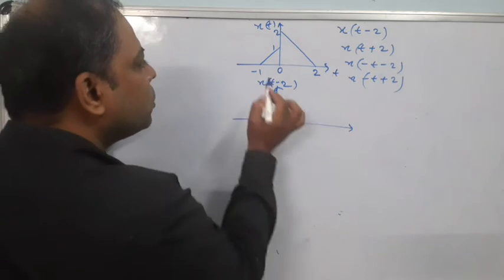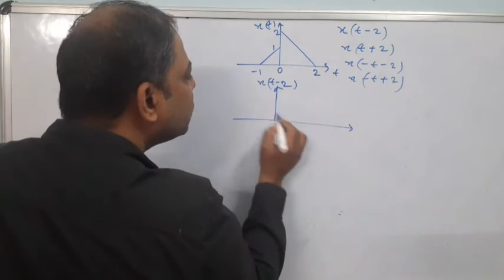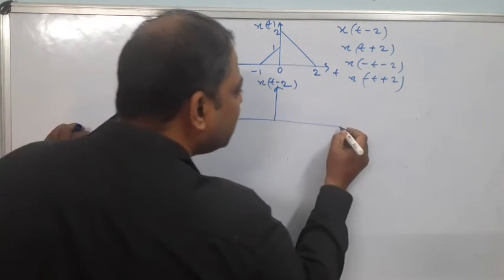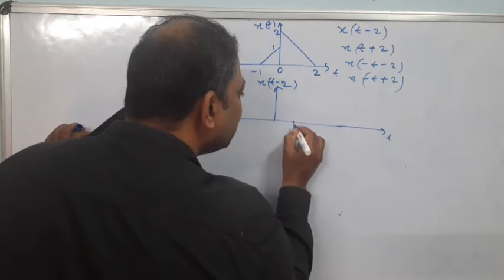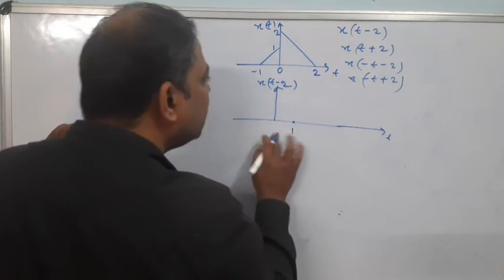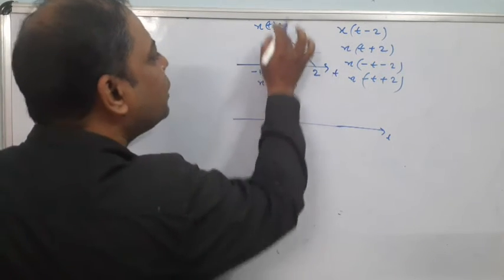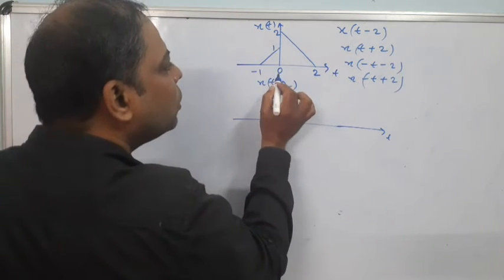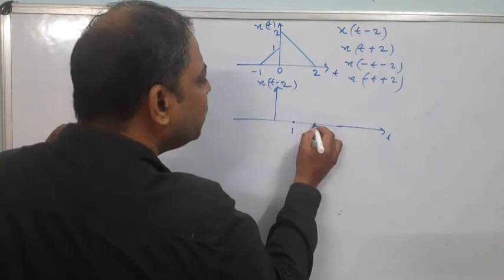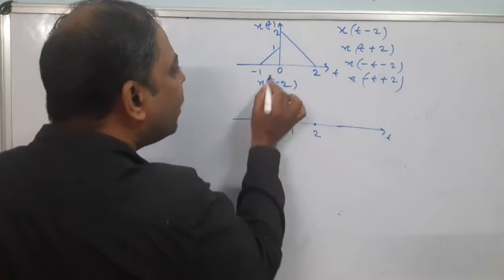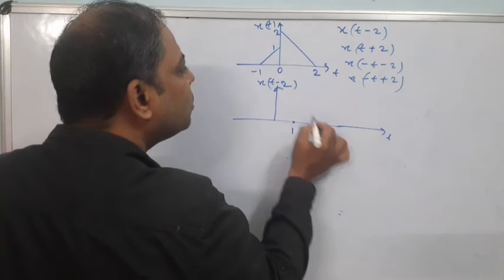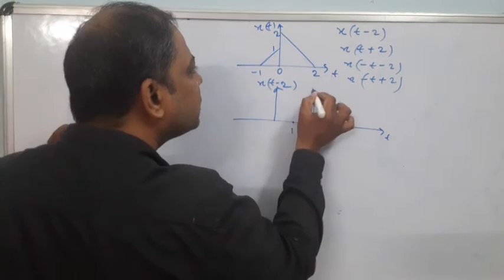Okay, that's all. So now minus 1 plus 2, right shifting. So this is your plus 1. It will start from plus 1. This is plus 1. Now at 0, what is the value? It is 1. Look, it is 1, and 2 is also there, such is the signal. So 0 plus 2, that means you will find 2 here. Now whatever this axis, the 0 point will become this.